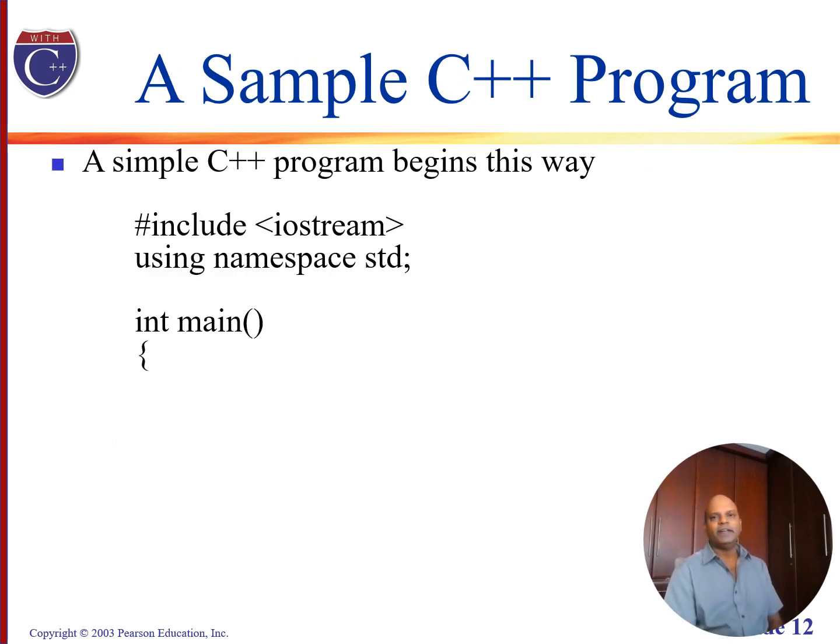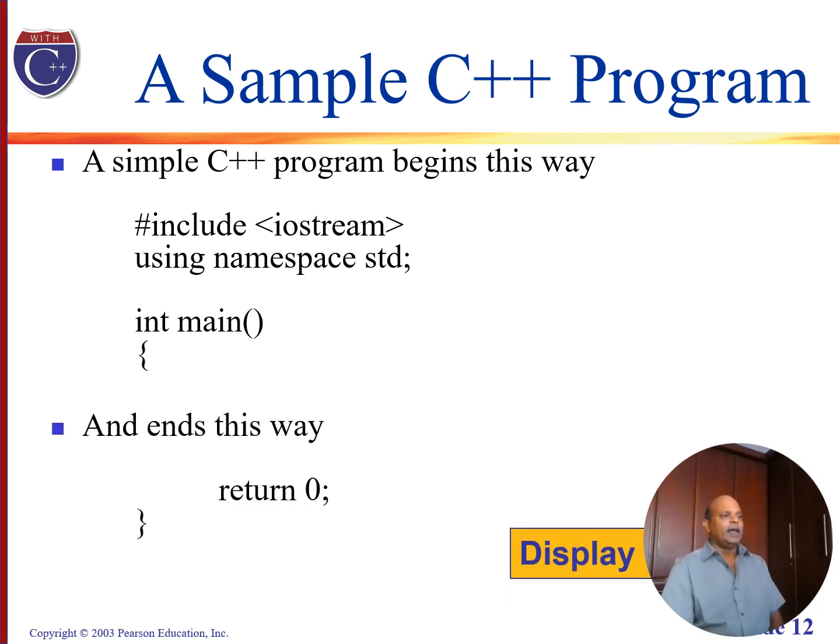So here's the very simple C++ program that we had. Include iostream, using namespace std, int main. And at the end of it all, it says return 0 with a close curly bracket. Now, can I use my little markers out here? There we go. There's my laser pointer. You'll notice there's my curly bracket out here.